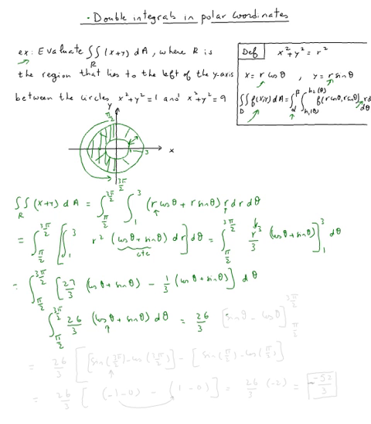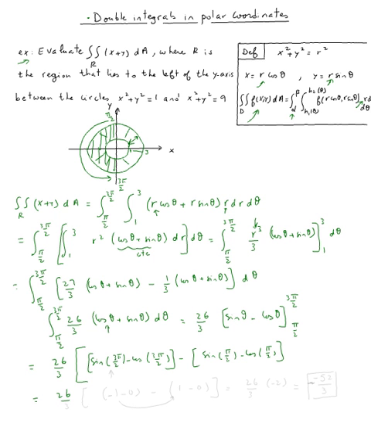Integral of cosine will be sine of theta. Integral of sine will be minus cosine of theta. And that's going to go between pi over 2 and 3 pi over 2. That would be equal to 26 over 3 times, plug in, sine of 3 pi over 2 minus cosine of 3 pi over 2, minus sine of pi over 2 minus cosine of pi over 2.